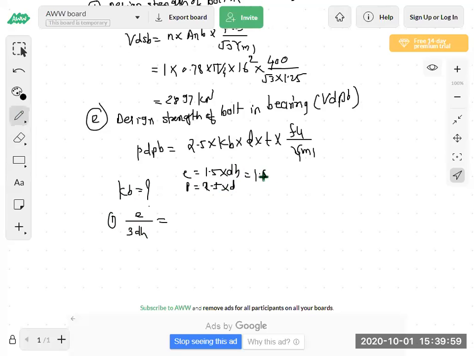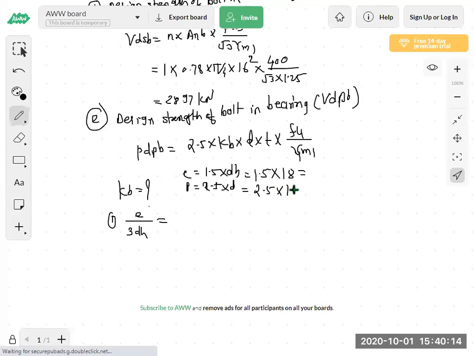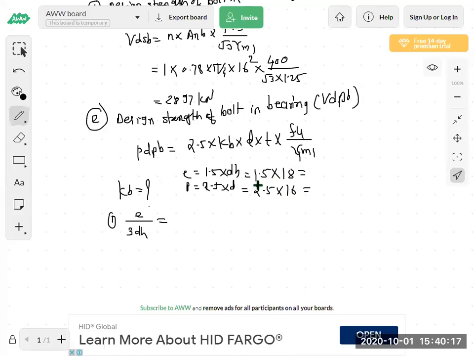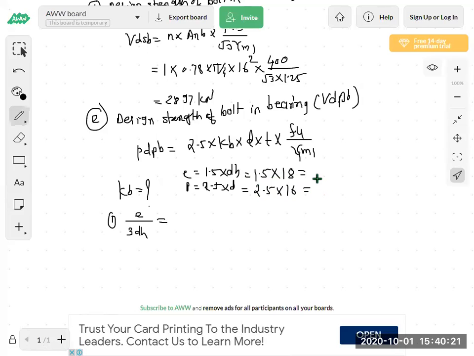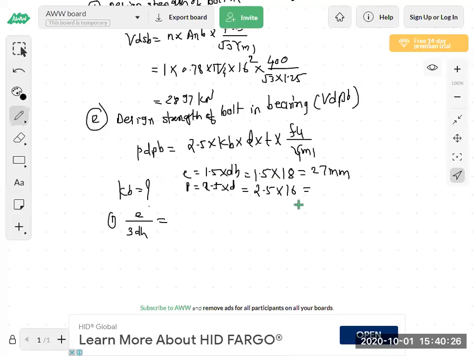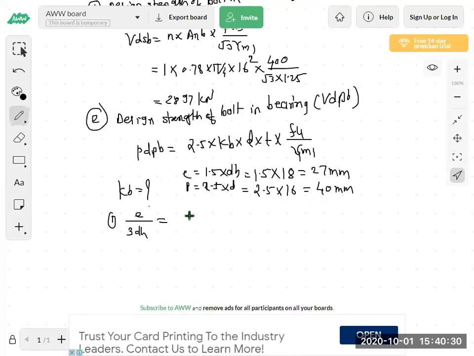So 1.5 into dh, 16 mm diameter is there. So dh, how much do we have to add? 2. So here 18, and here 2.5 into 16. How much is this? 27 mm and 40 mm. So these are the edge distance and pitch distance.